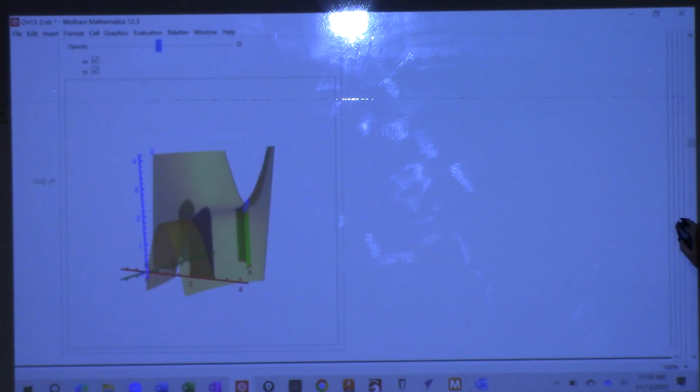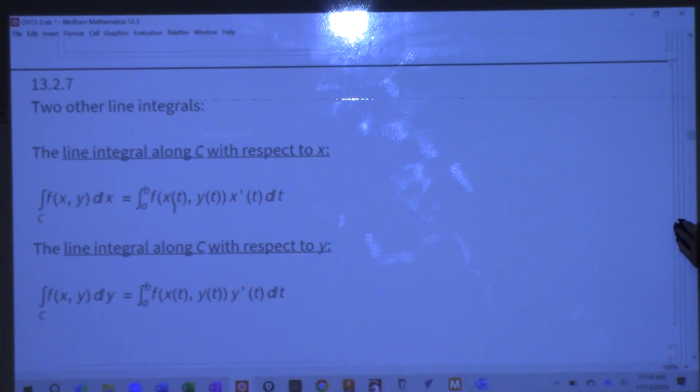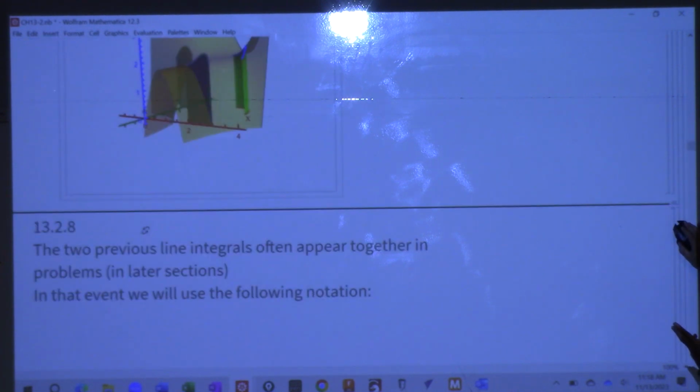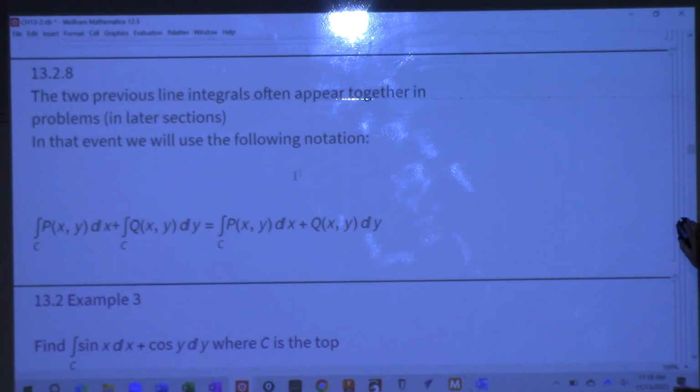Now, those two line integrals, the one with respect to x, there's the notation. See the notation? It's not ds, it's dx and dy. Those are used so often that we actually have a special notation for it.